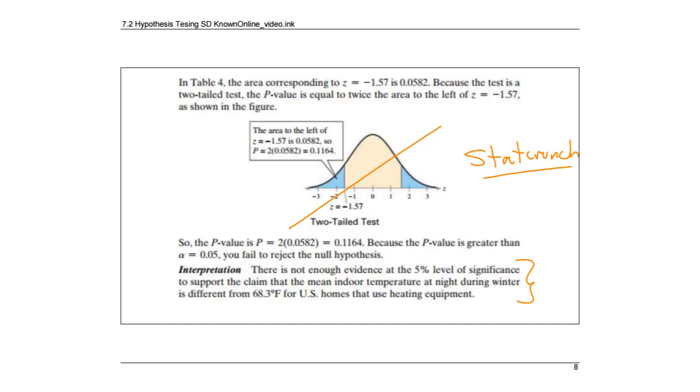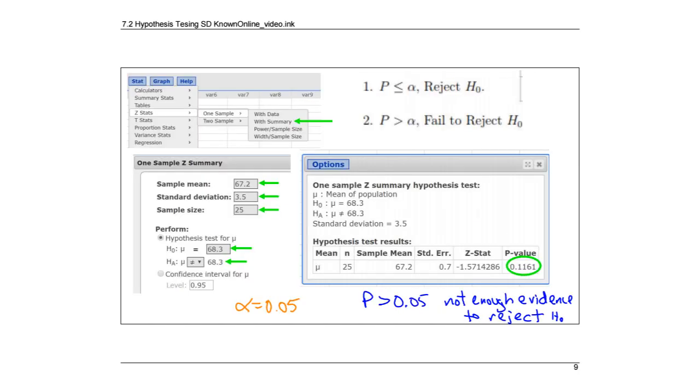This is just the rest of the slide. If you're going to do it by hand, you would have to find the area for both ends and add them together and then compare them to the alpha.